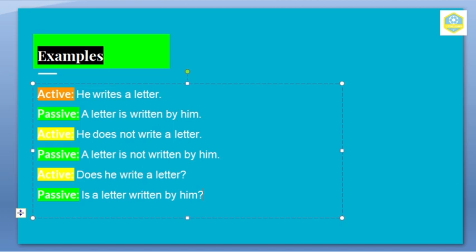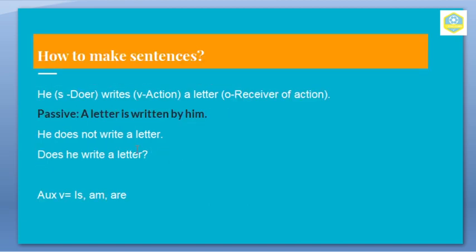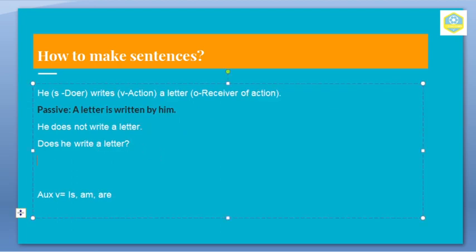So there are a lot of question sentences you can make in the present simple. This is actually the formula. In the active we use: subject plus verb plus object.